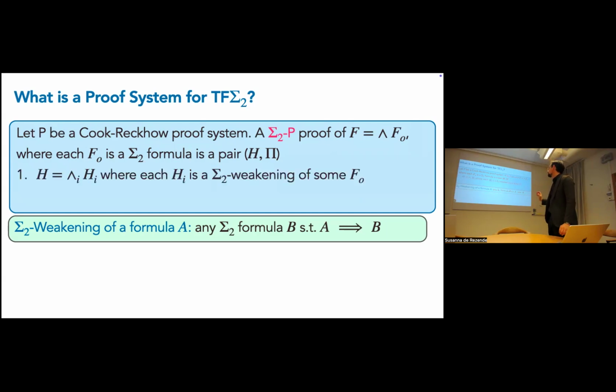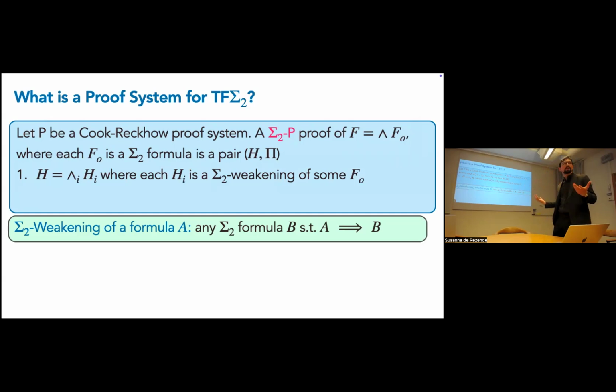So a proof of a formula F is a pair H and pi. So pi is a proof, H is another formula, such that H is an AND over a bunch of these H_i's, and each of these H_i's is a Sigma 2 weakening of one of the subformulas of F. So basically, maybe it's easier to think about for CNF formulas first.